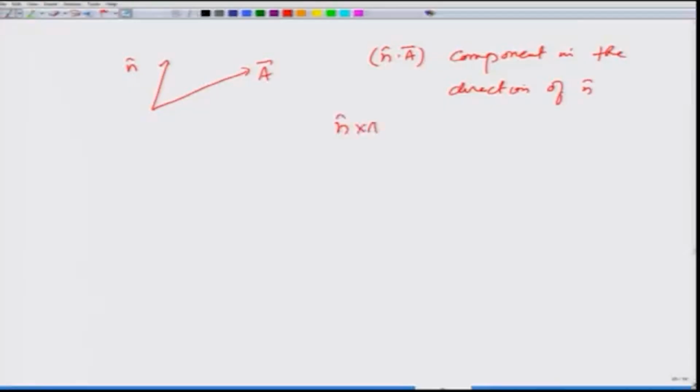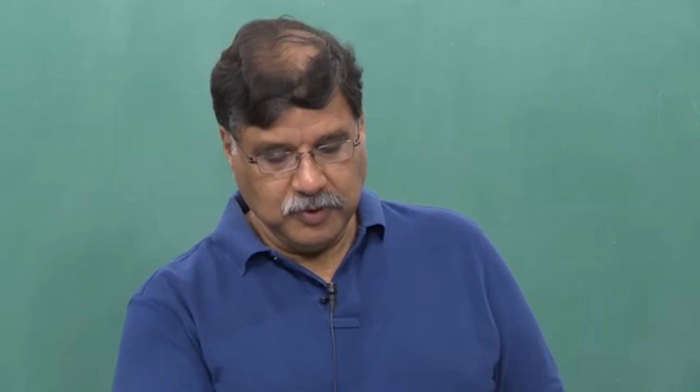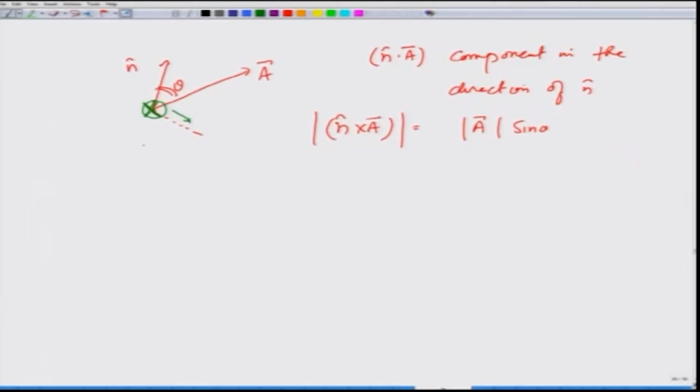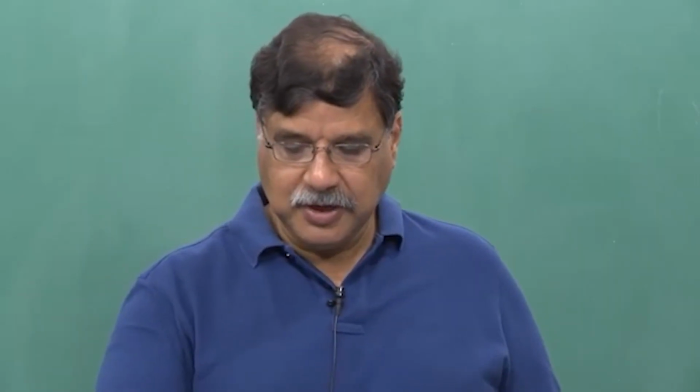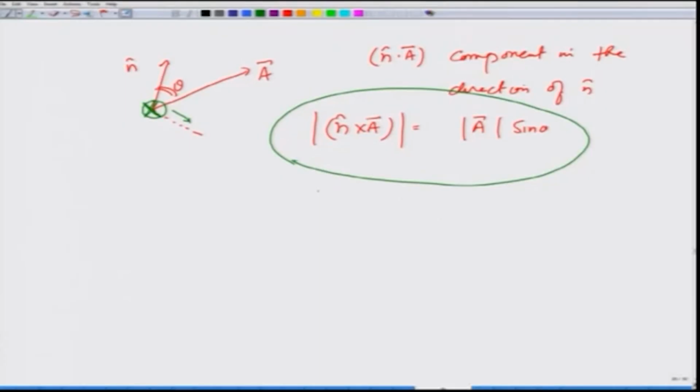N cross A is nothing but, if this angle is theta, its magnitude is nothing but magnitude of A sin theta, right. This is the projection perpendicular to n, and n cross A is going to be in the direction perpendicular to the plane formed by n and A. I have to bring it back in the direction of projection of A in the plane perpendicular to n, and you use the same trick as we did earlier.